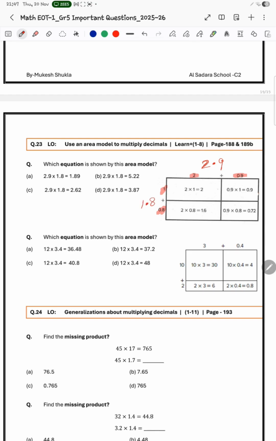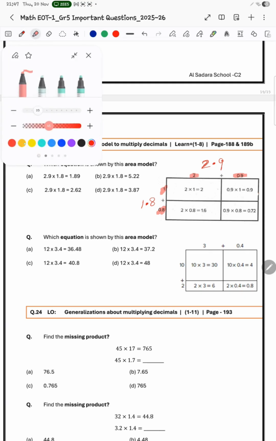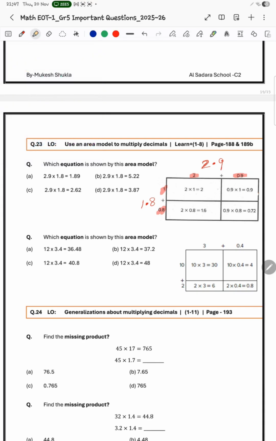Now to get the answer, we need to add the partial products. So this is my partial product, it is another, this one is another, and this one is another. So these are my partial products, so I'm going to add these.